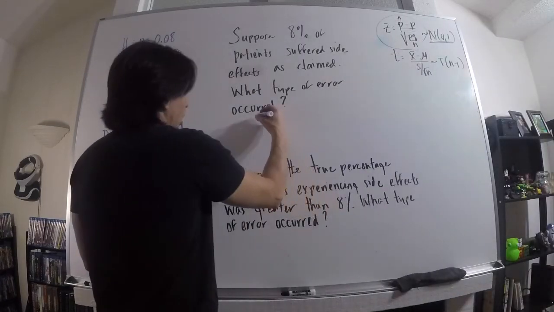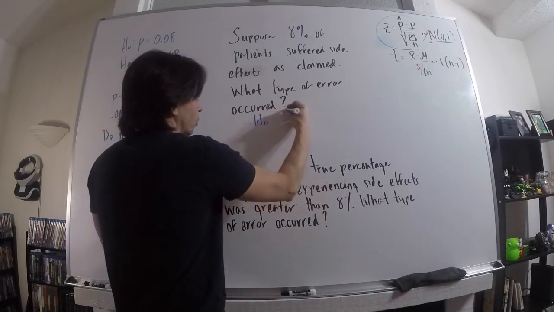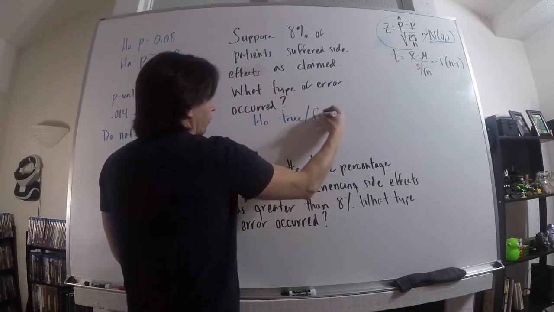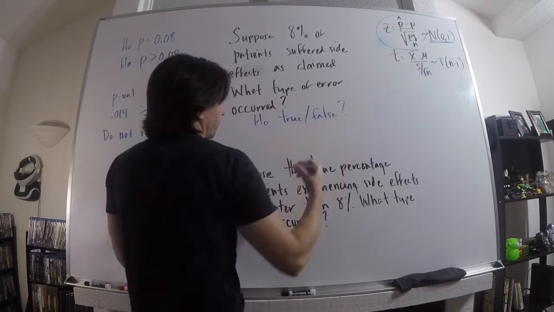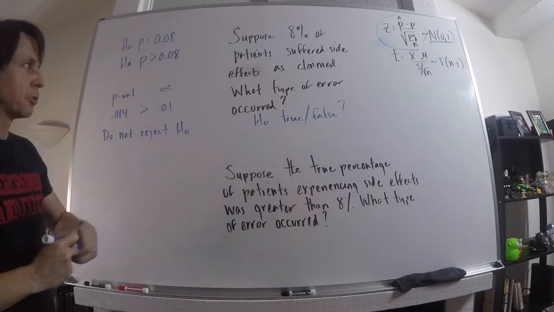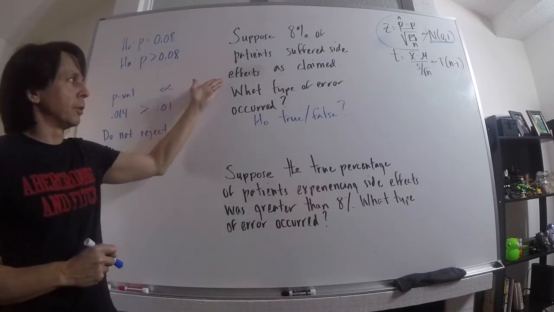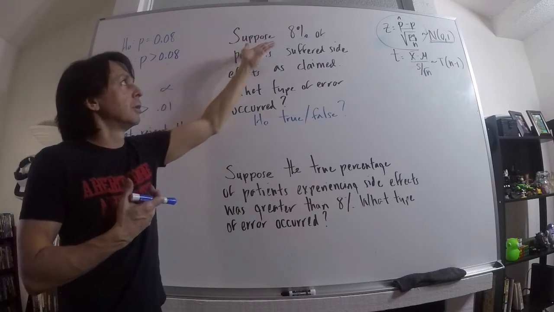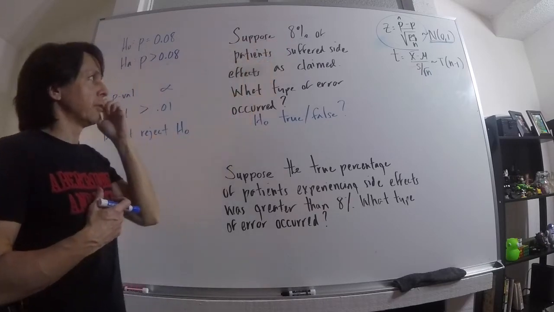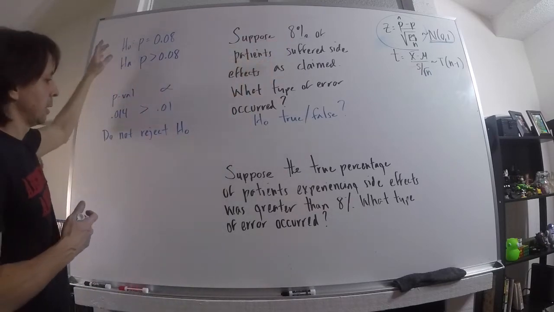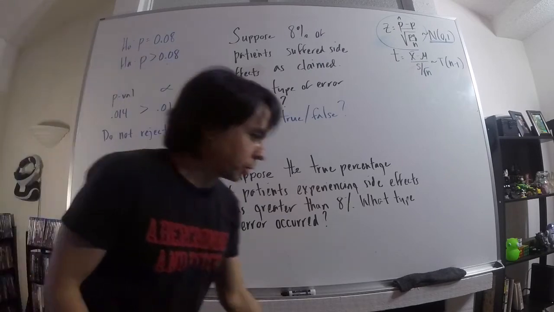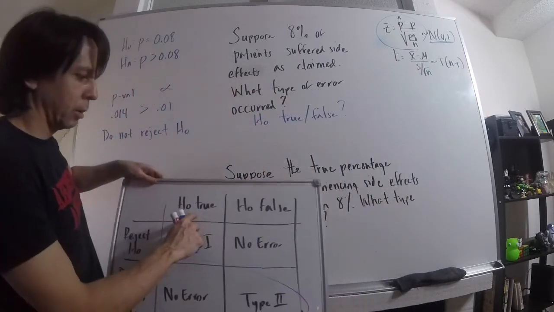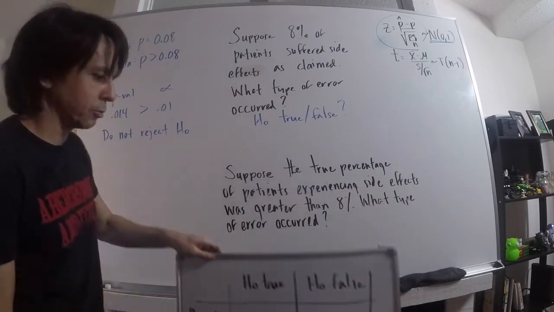All right, so the main thing is we first decide whether H0 is true or false. This is a question as of now, and it's based on the description here, the scenario described in this hypothetical: suppose 8% of the patients suffered side effects as claimed. All of this is referring to the null, whether the null is true or false.